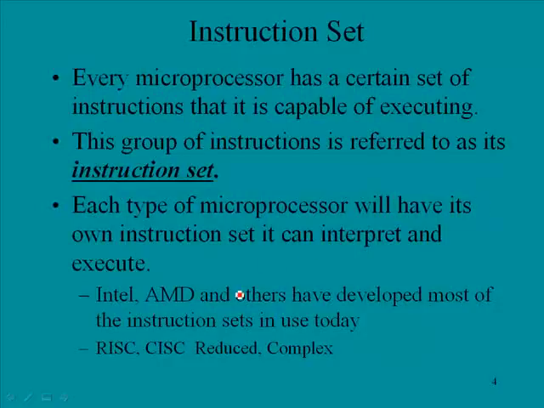Intel, AMD, and others have developed most of the instruction sets in use today. And if you go out on the internet and search on these terms, RISC and CISC, this is for reduced instruction set computer, and this is for complex instruction set computers, you'll find lengthy discussions and theory addressing instruction sets.